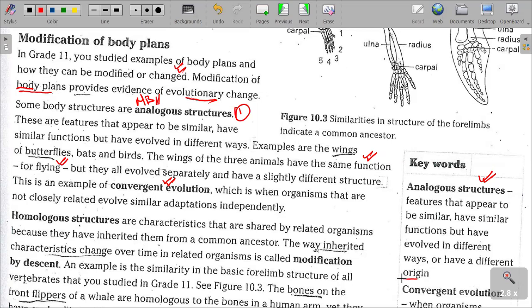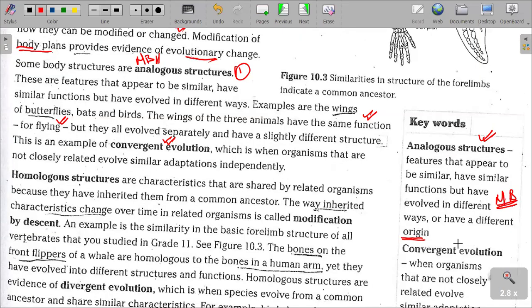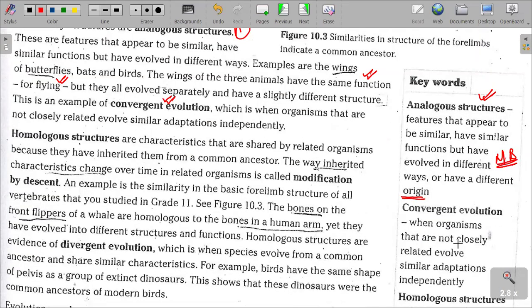You must also be able to explain convergent evolution, which is when organisms that are not closely related evolve similar adaptations independently.